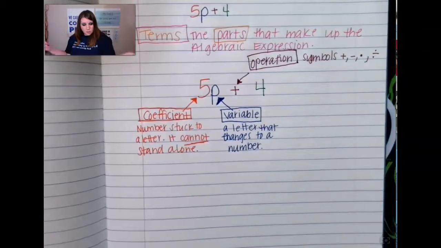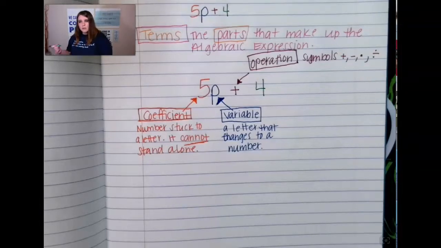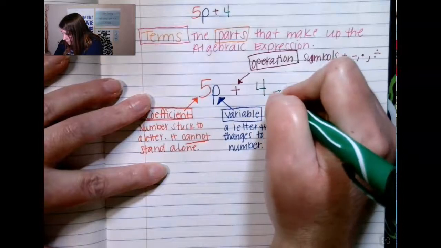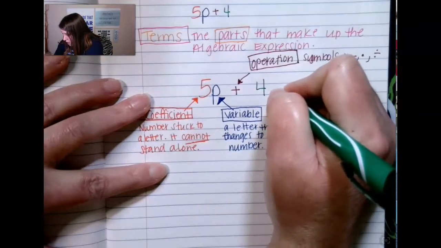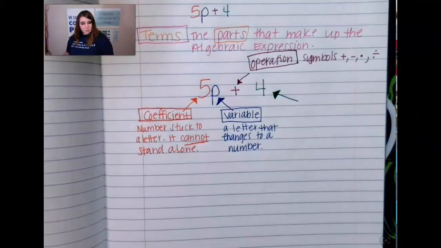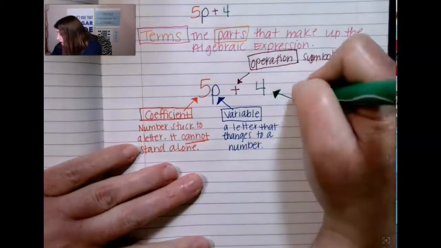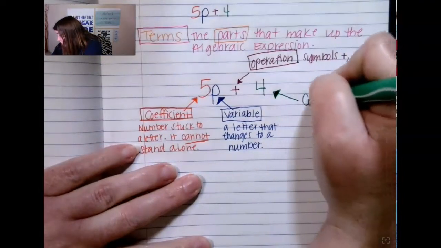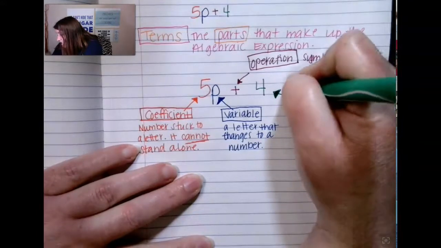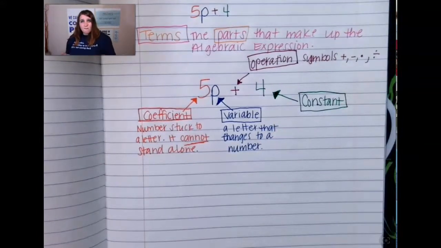Okay, so there's symbols. And last but not least, in our list of terms, we have this fancy little 4 out here. It's just hanging out all by itself because it is called a constant. It is called a constant because it is constantly a 4.